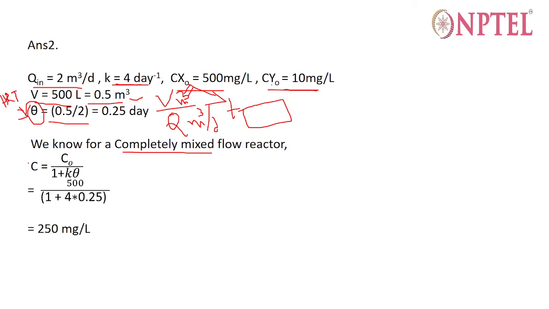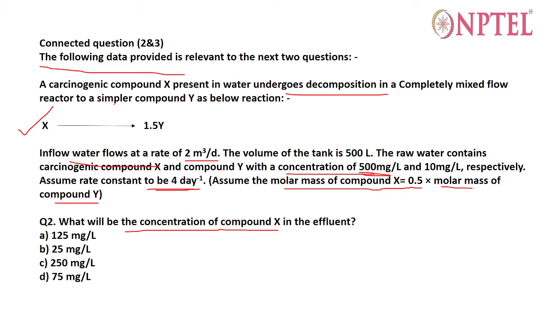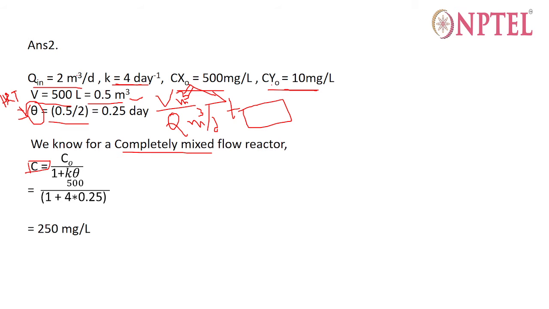So C, after my required time, is given by this. What will be the effluent, right? I can get this time from here, that is the HRT, how long the water stays inside the reactor.